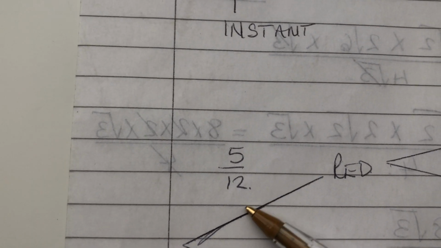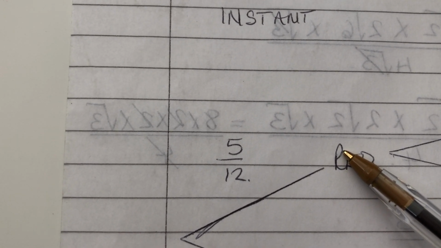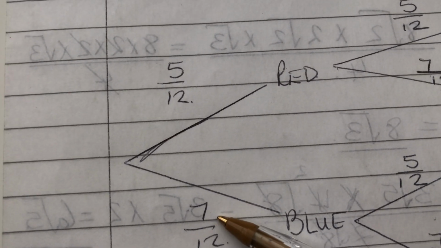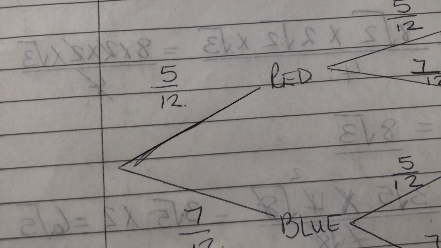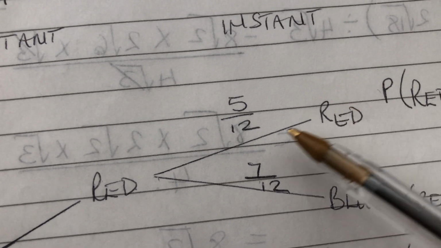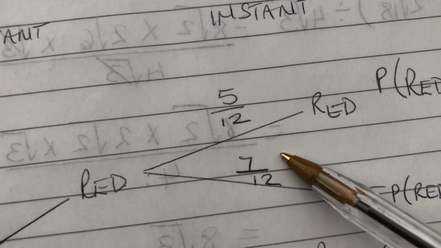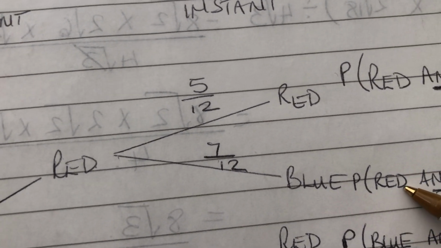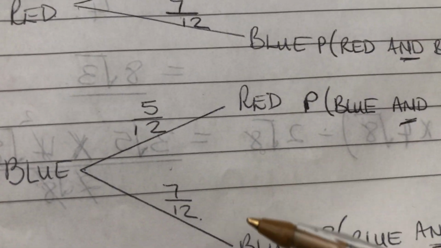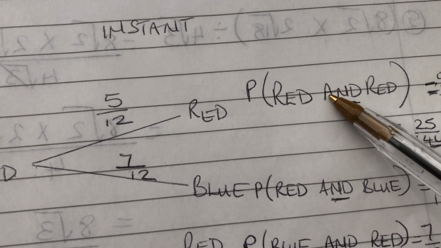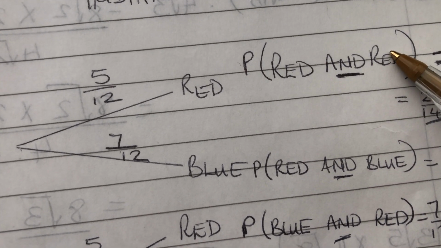The probability of choosing a blue is 7/12. So first instance here, 5/12 probability of choosing a red, replacing, probability of choosing a blue, 7/12, you replace. A red, 5/12, you replace again. A blue, 7/12, you replace. So red and blue. So what is the probability of a red and a red?